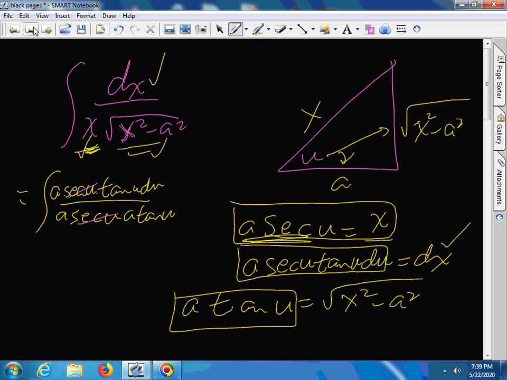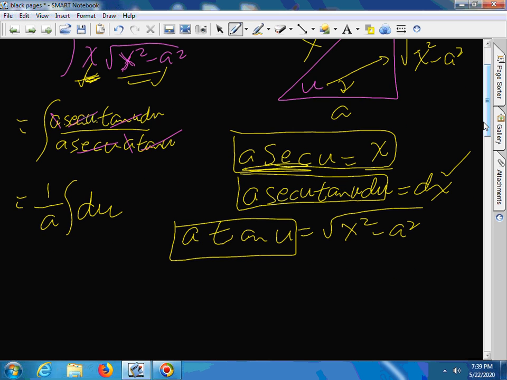Secant u cancels. Tangent u cancels. One a for one a cancels. And the a in the bottom I can factor out. So we get 1 over a du. Now what really surprises me is, I don't remember these always working out to just computing the integral of du, and the integral of du is u.